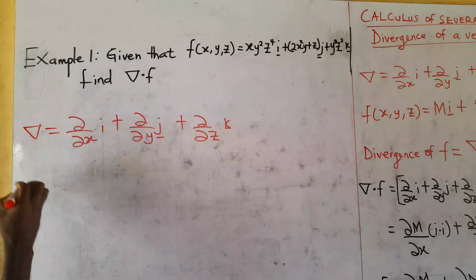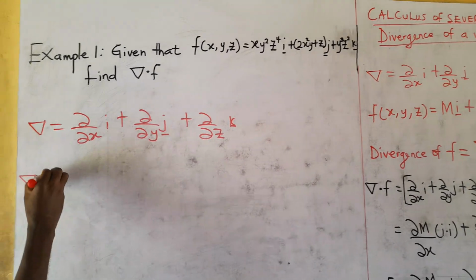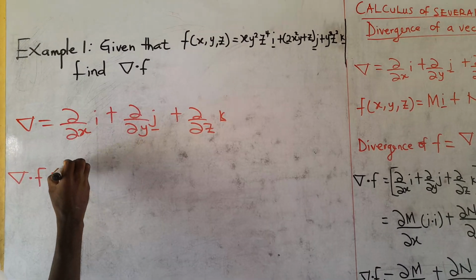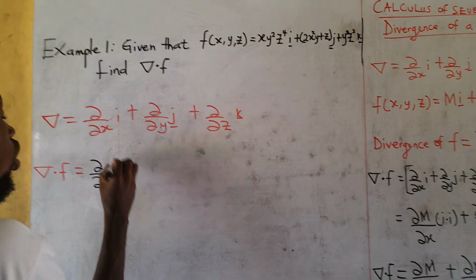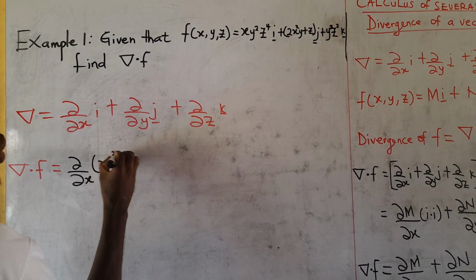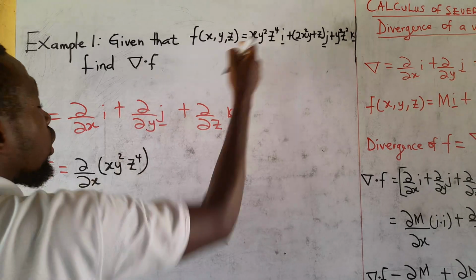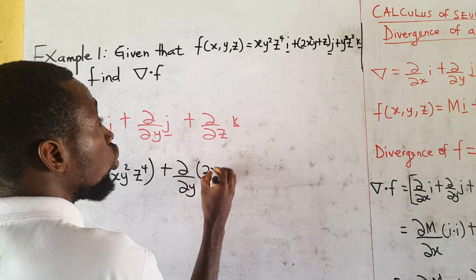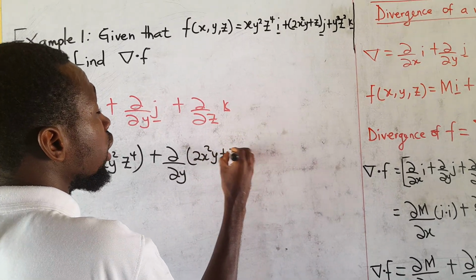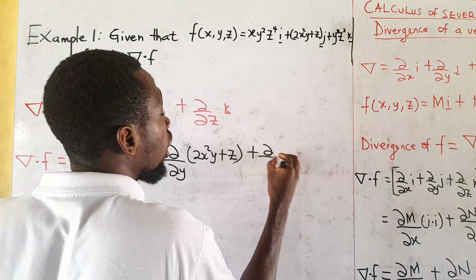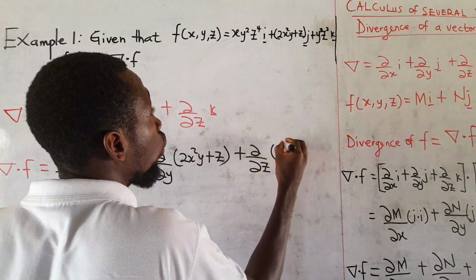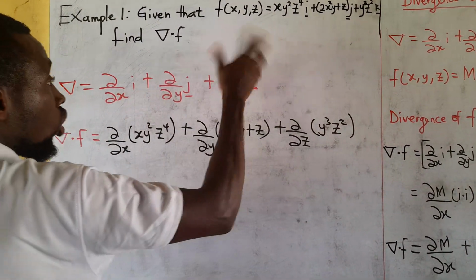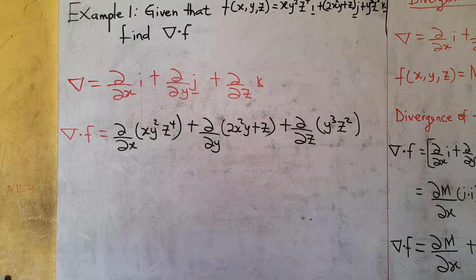Then, if F is the vector field, del dot F will be ∂/∂x of x y squared z to the power 4, then plus ∂/∂y of 2x squared y plus z, that's the j component, then plus ∂/∂z of y cubed z squared. So what are we going to do? Remember, i dot i is 1, j dot j is 1, k dot k is 1.